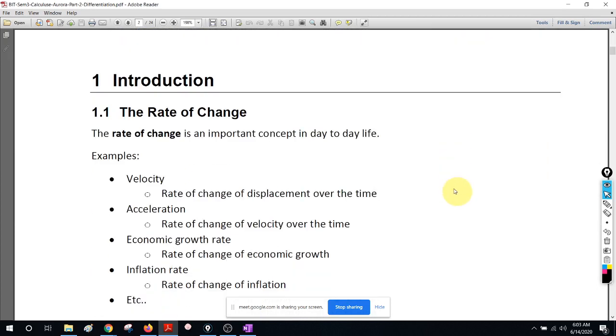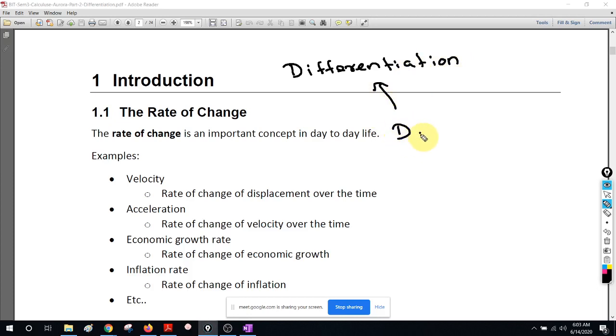Differentiation is all about, so the term itself, differentiation. How does the word come? It comes from the word difference, and they just made it a noun.